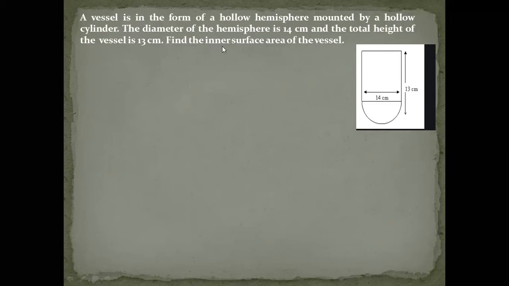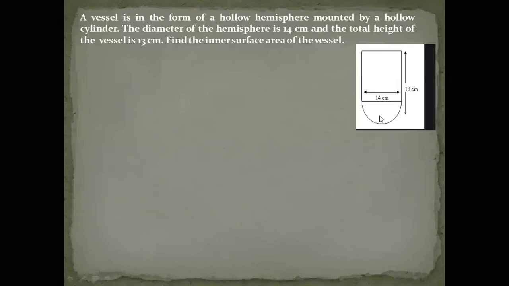So we have to find the inner surface area of the vessel, right? So the combined surface area of this vessel, because this vessel consists of two shapes. One is your cylinder and the other is your hemisphere.